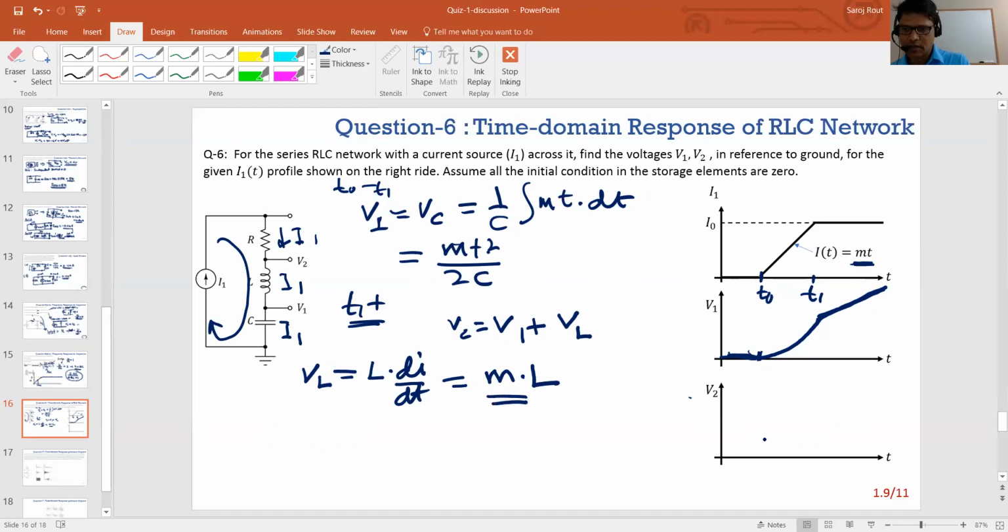So for V2, you're going to get 0, then a huge jump, and that value is just mL, and then it's whatever the capacitor value is getting integrated. And then from T1 plus, VL is just 0, because there's no voltage across it. So you get the jump back, and then whatever is the integrator cap, you'll get that. But obviously in real circuits, you won't get jumps like this. There will be either ringing or some slope, but for this question, that's all I wanted to get.